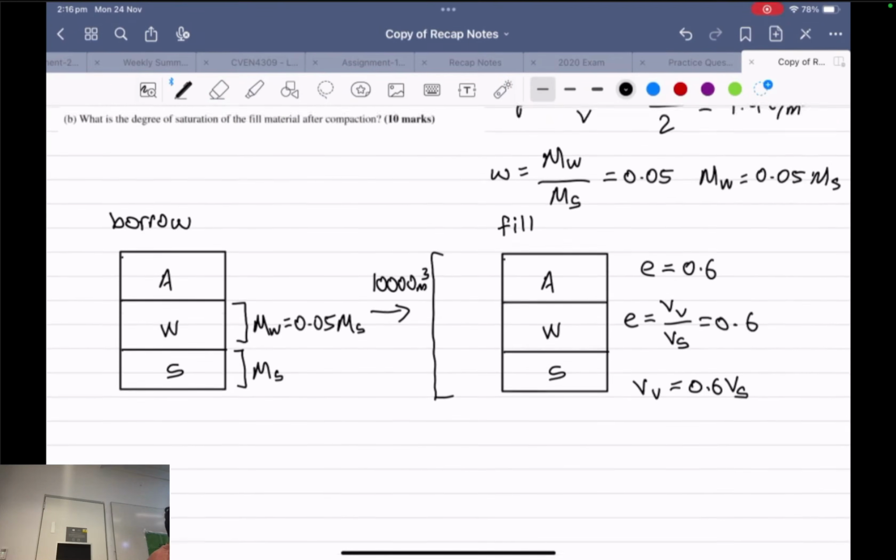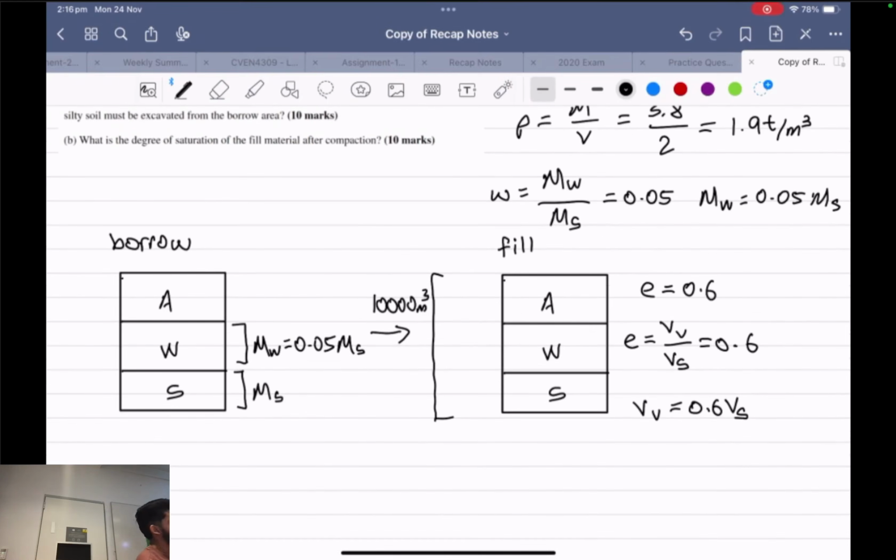So for that, the game plan here is you want to find something using the information you're given to go back to your borrow and find how much the total volume from there is required. What you're told about the fill can be used to find information about the borrow, because one thing that stays constant in both the borrow and the fill is the mass of solid, right?